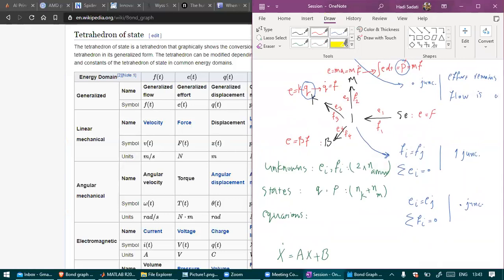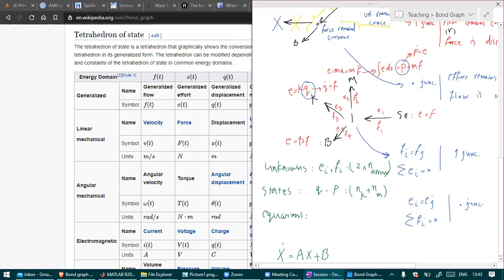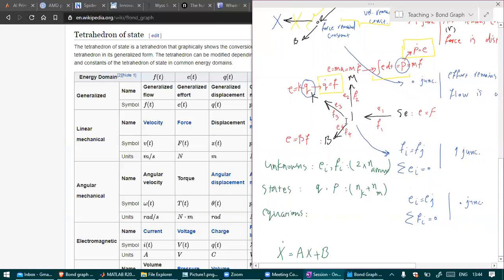P dot is equal to E. As you see, we had the integral of E getting here. So in this whole set of equations, we look for the terms that we can find the time derivative for.